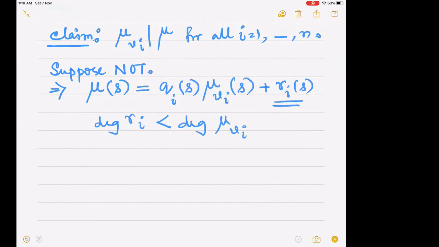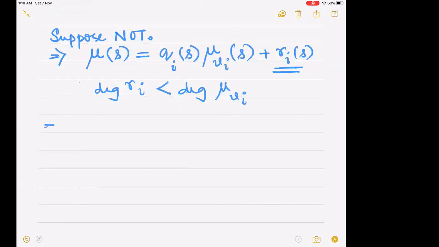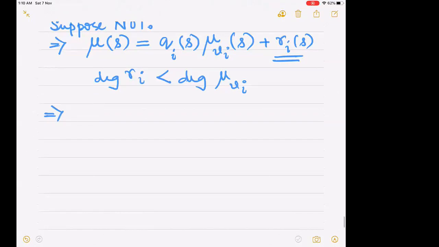But then this will lead to a contradiction. How? Same trick, we have used this trick before also. So only these very trivial tricks from high school algebra can take us so far, right? Now see how this gives us the contradiction. Well, mu is the minimal polynomial, so mu(A) must be 0, so mu(A) v must also be 0, right?